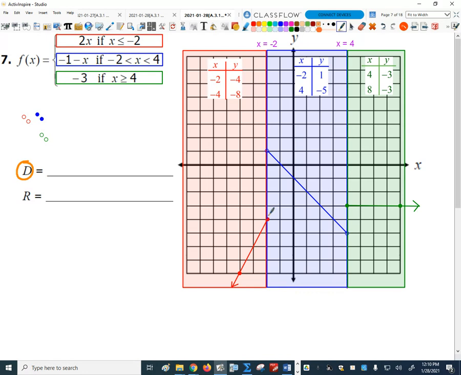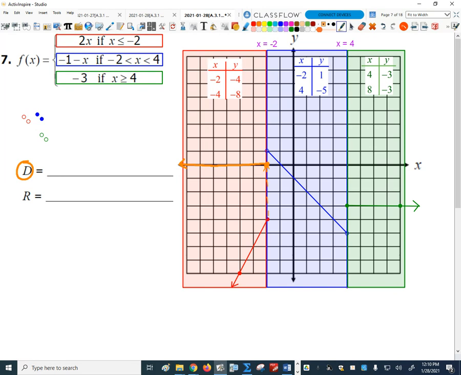Well, if I project this point up onto the x-axis, it's going to end up being right there. And then all these other points are going to project vertically, and they're just going to give us that for the domain of the red piece of the function. Everybody see that? It's going to include all the x values less than or equal to -2.